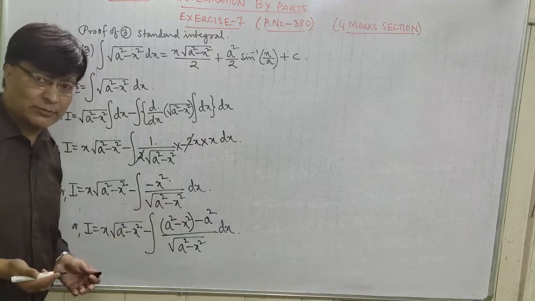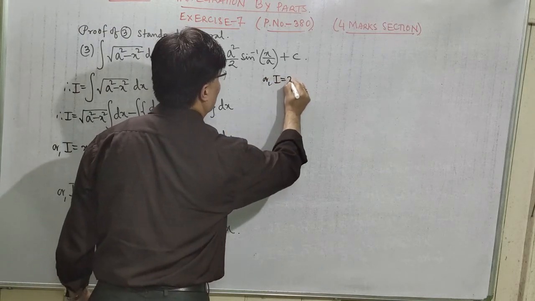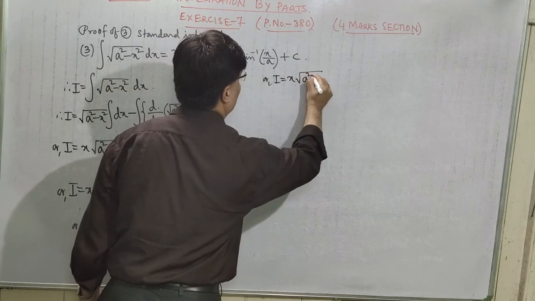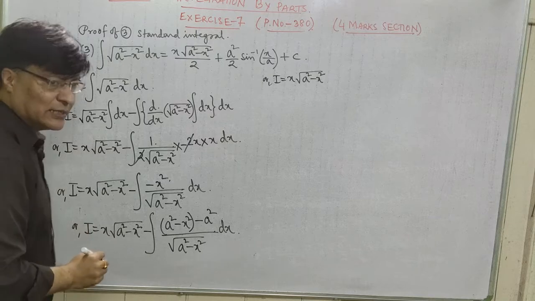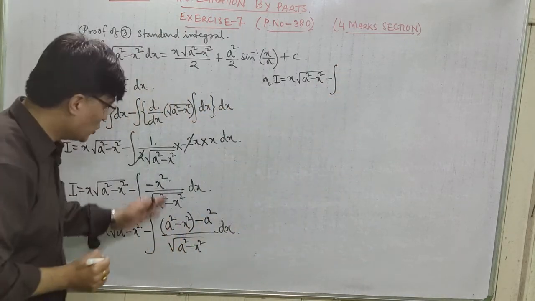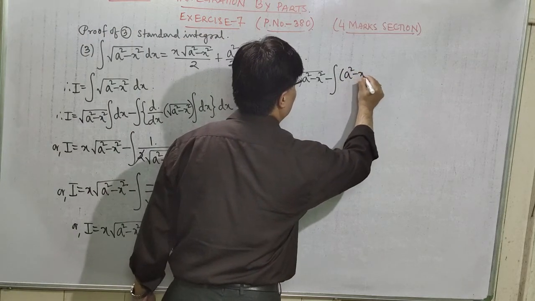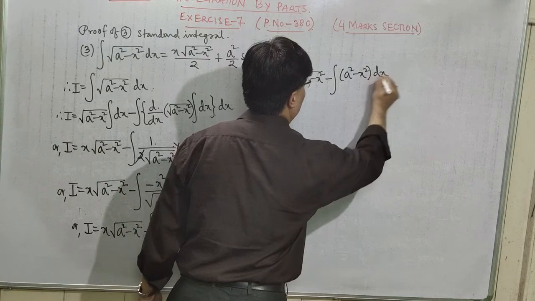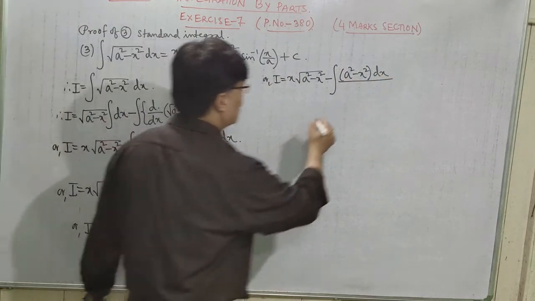You can separate the term now. I is equal to x root over a square minus x square. So let us separate this integration. Minus integral sign. So how can we separate it? It is a square minus x square dx divided by, what is there in the denominator?